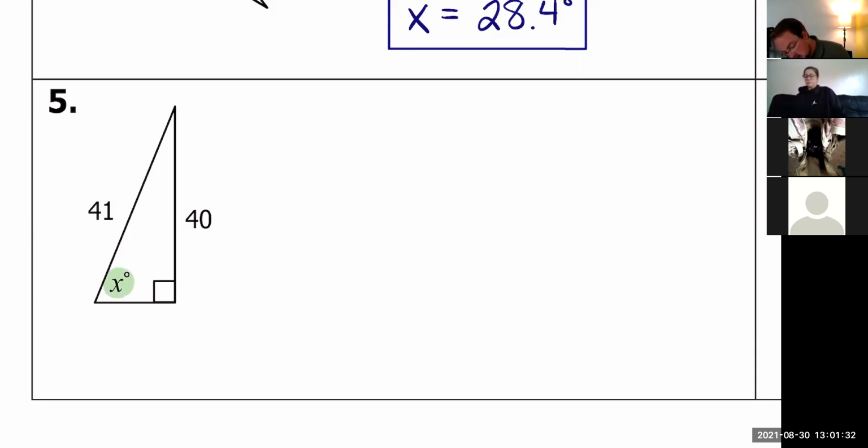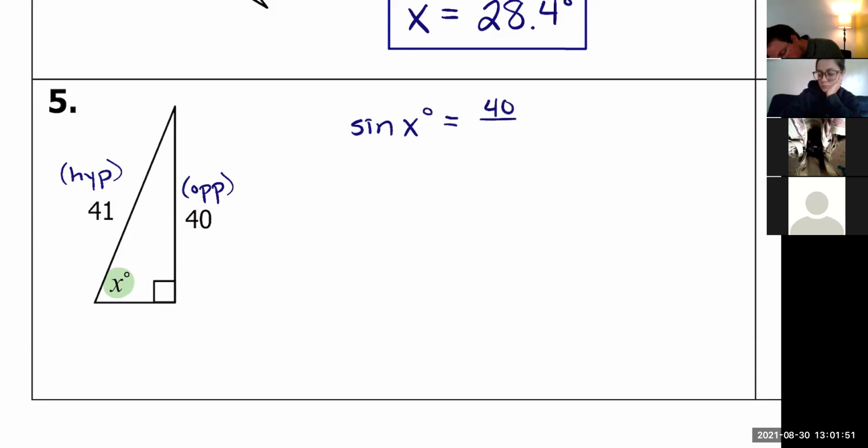So number 5, again, using that angle as my focal point, what sides of the triangle do I have? Hypotenuse, there at 41. And then the opposite leg there at 40. So we're going to use the sine of our angle. Sine of x degrees equals our ratio, opposite over hypotenuse, 40 over 41.